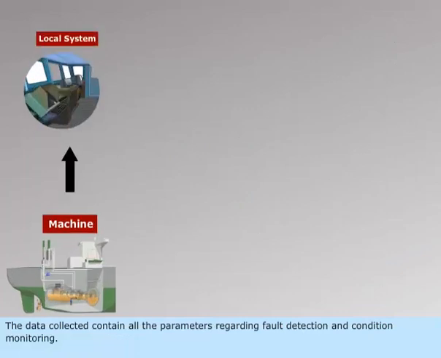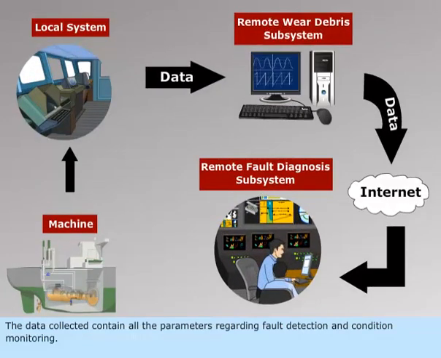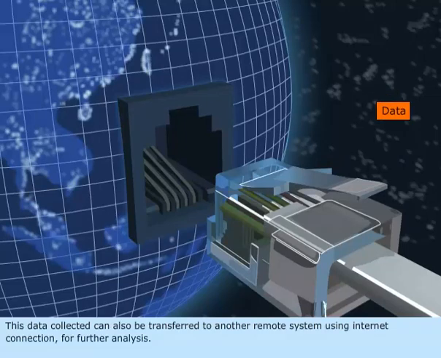The data collected contains all the parameters regarding fault detection and condition monitoring. This data collected can also be transferred to another remote system using internet connection for further analysis.